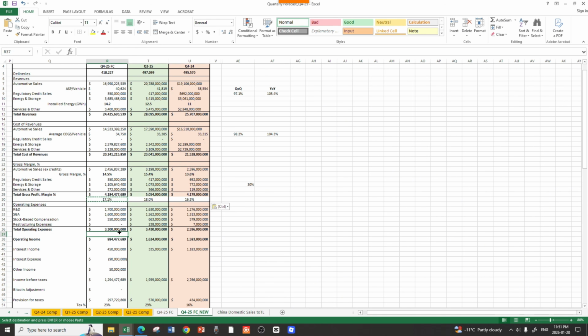But what this means is that operating expenses as a percentage of total revenue are going to keep increasing. And I don't have a line here for operating margin. I should probably do that. But it should be on this side here. Operating income divided by revenue, this is your operating margin.